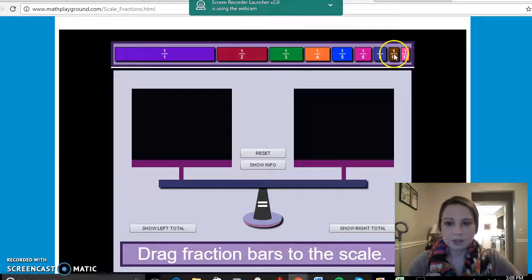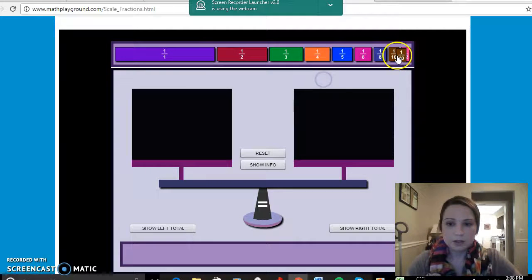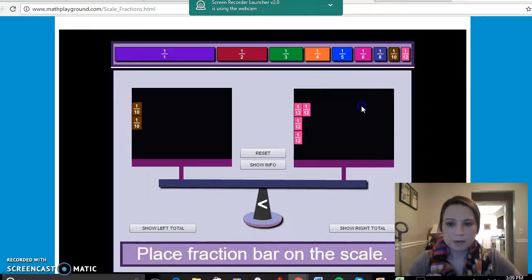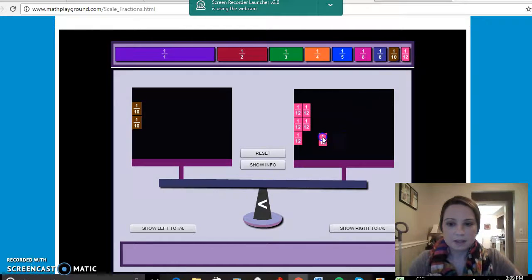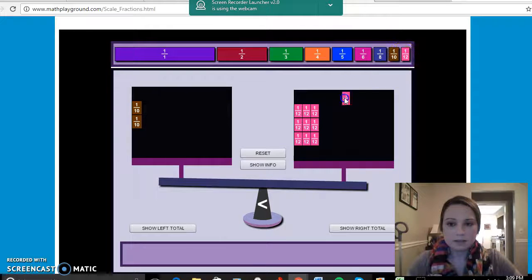So for the first one, we are doing 2/10, so we are going to move down 2/10 onto this side of the scale. Now we are going to move down 11/12 onto the other side of the scale. 1, 2, 3, 4, 5, 6, 7, 8, 9, 10, 11.